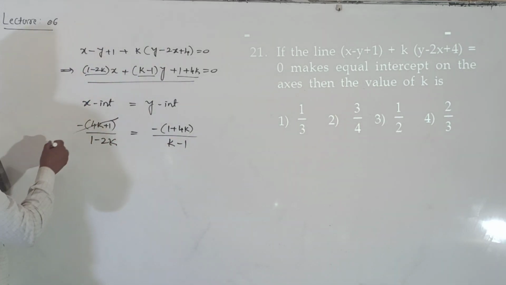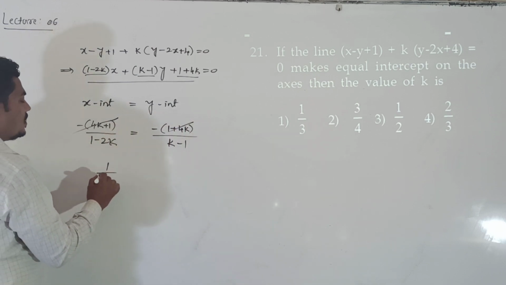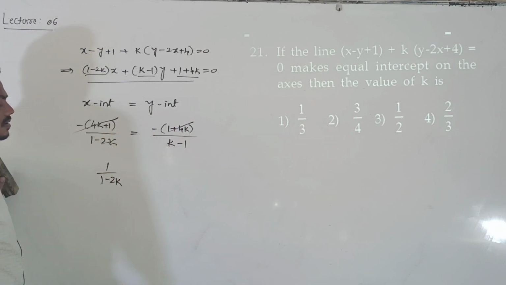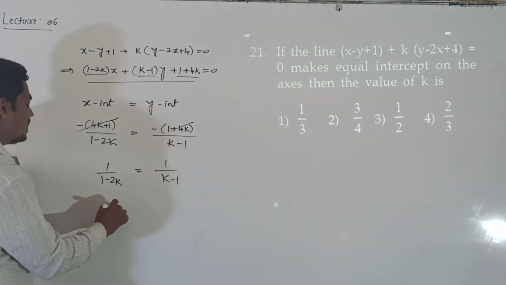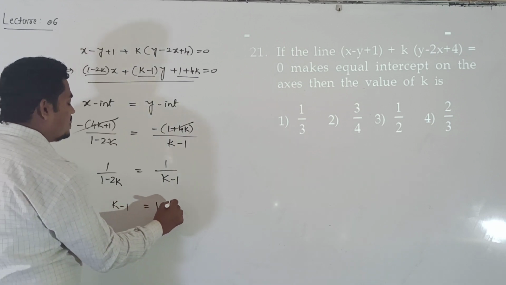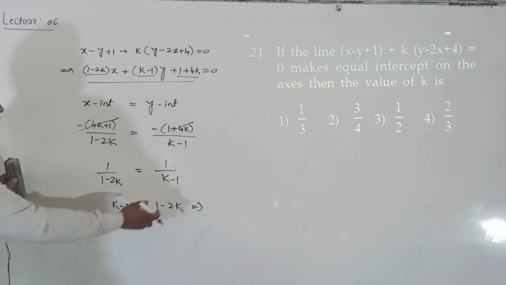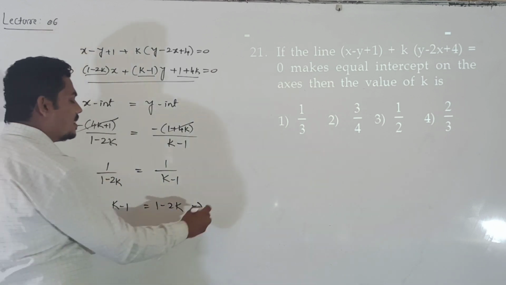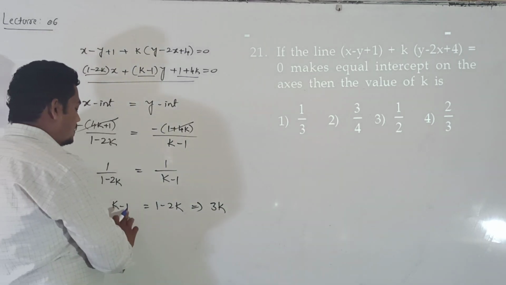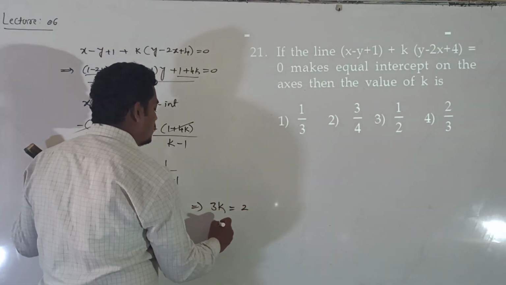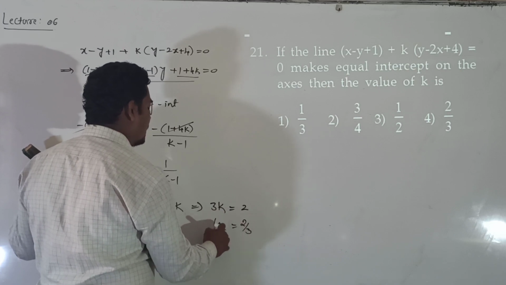Now on both sides minus of (1 plus 4k) gets cancelled, then it will be 1 divided by (1 minus 2k) is equal to 1 divided by (k minus 1). Just cross multiplication: k minus 1 is equal to 1 minus 2k. Then rearranging, take 2k to the LHS, then it becomes 3k. Send it to the RHS, that is equal to 2. Therefore k is equal to 2 divided by 3.